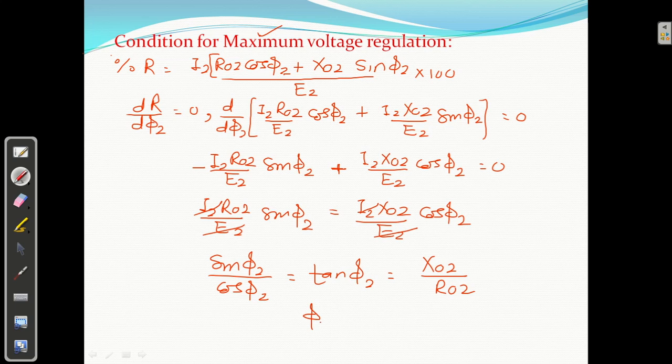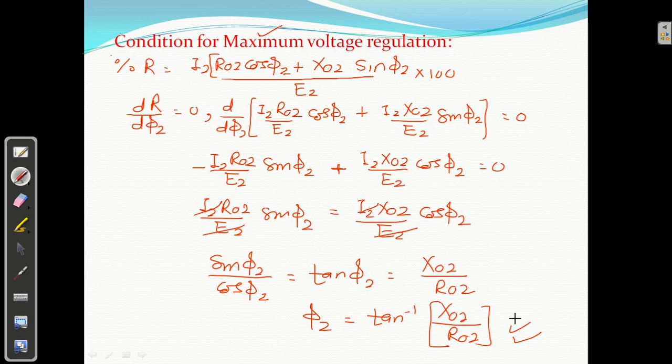That is the condition I am getting: tan phi 2 equal to this. So the angle phi 2 equals tan inverse of X02 upon R02. Clear? You will get the maximum voltage regulation at this particular angle. You can find this angle, or use tan phi 2 equal to this formula, to get the maximum voltage regulation.